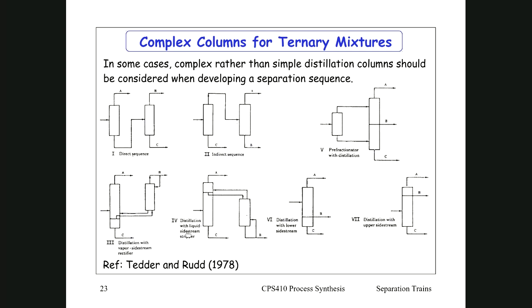For each of many combinations of relative volatility of A versus B compared to B versus C, they did the full economic analysis of how much it would cost to make such a column. And remember, there are 7 of these. On the next slide, we'll see what their results were.